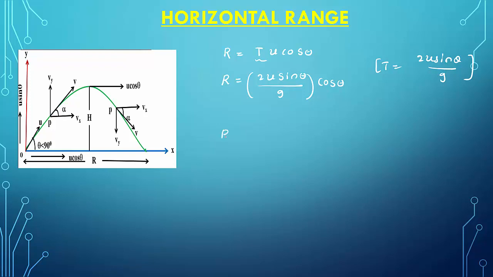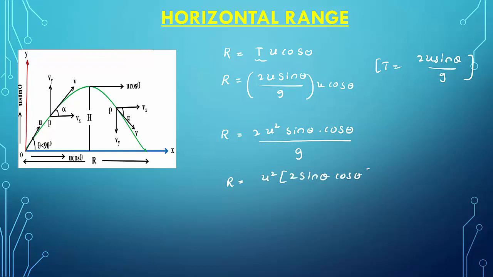This equation can be written as R equals 2 into u square sin theta into cos theta divided by g. Or we can write R equals u square into bracket 2 sin theta into cos theta, divided by g.